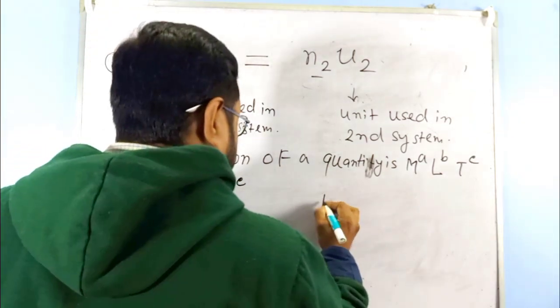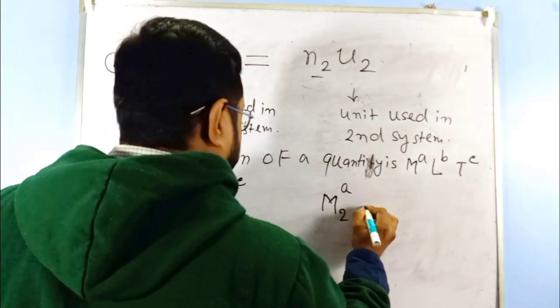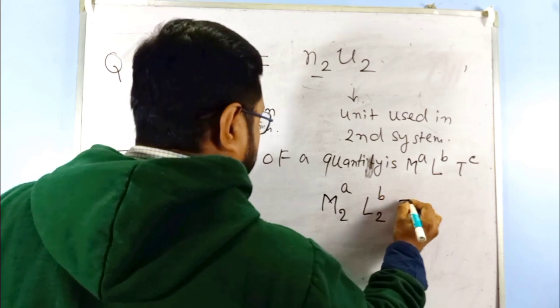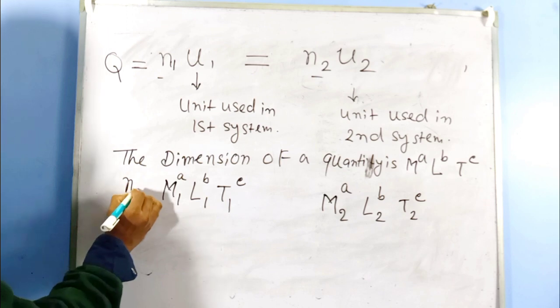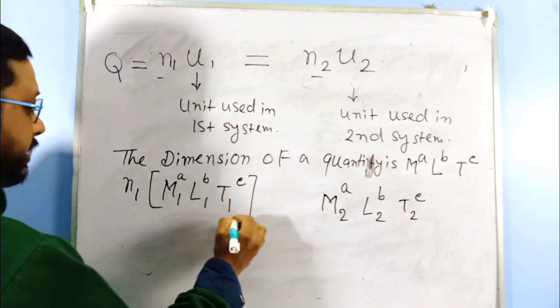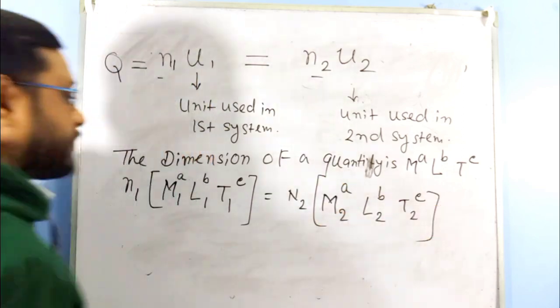And in the second system it is M2 to the power a, L2 to the power b and T2 to the power c. Then we can write N1 times this quantity equal to N2 times this quantity.